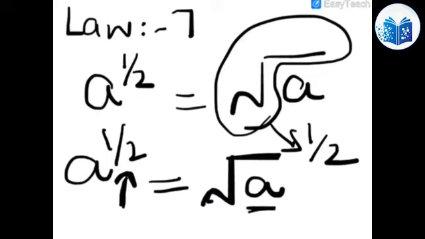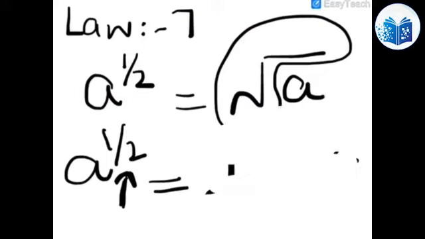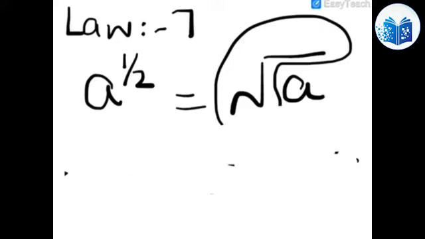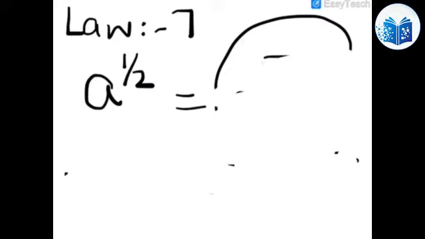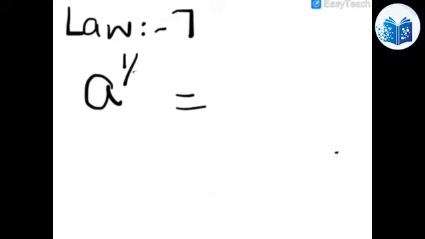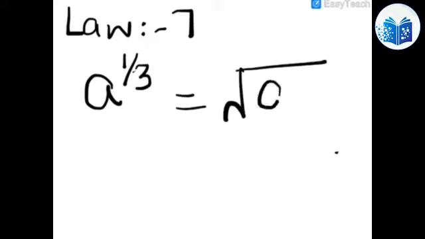Alright, but at the same time, if we have a different number in the denominator of the index, then that is that number's root. Okay, what I'm talking about is, if I write 3 here, then the root sign will definitely come, but the index of this root will be 3.